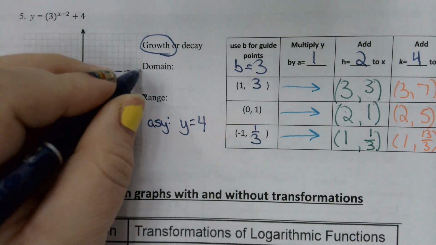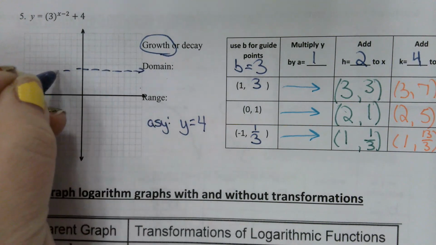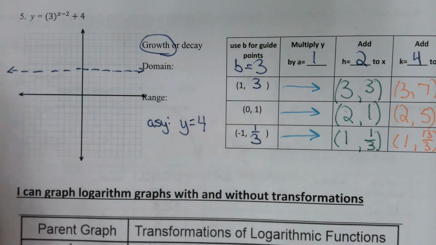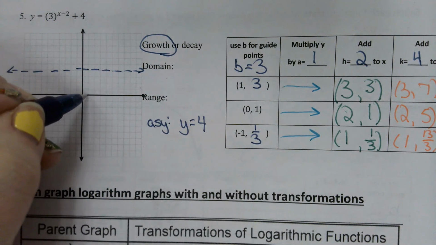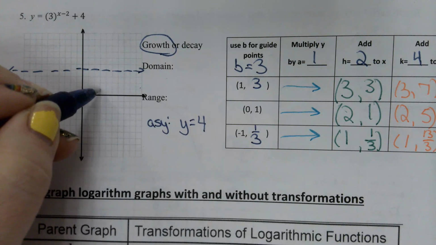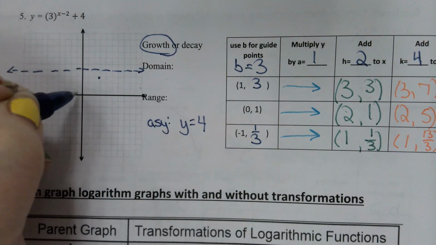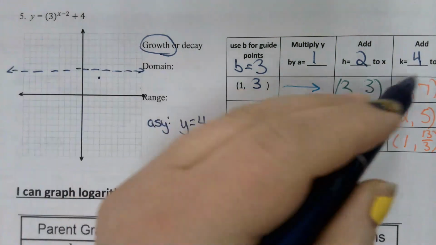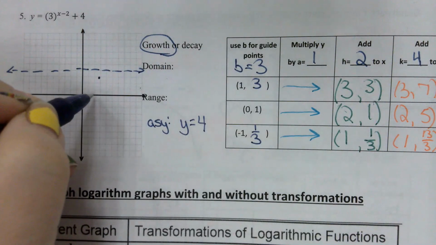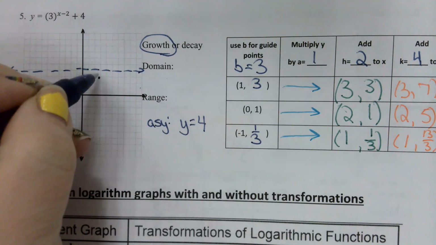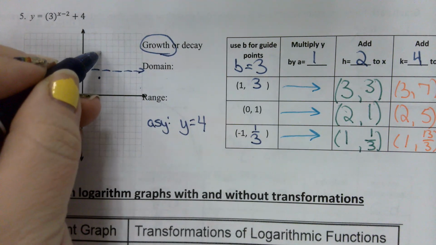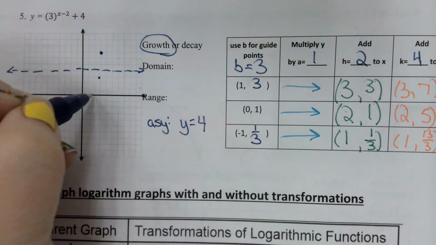So here's my dashed line. Oh, sorry, 3, 7. We want to use the ones from the last column here. 2 and 5.